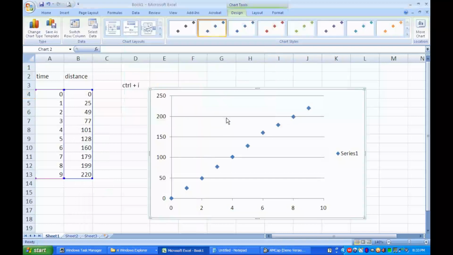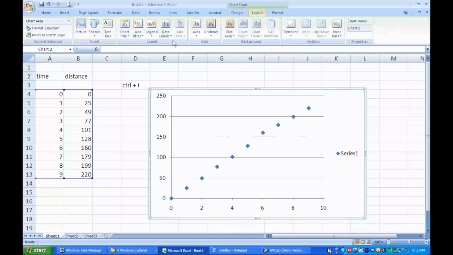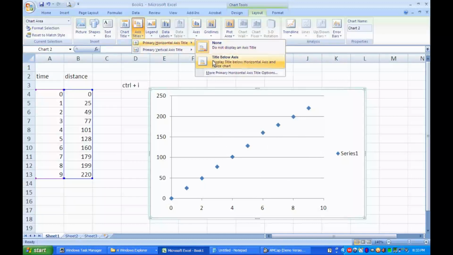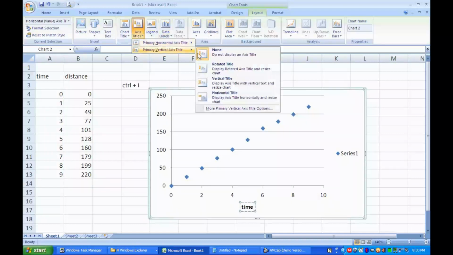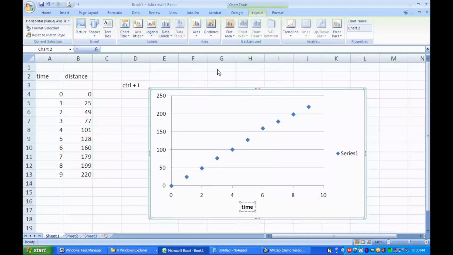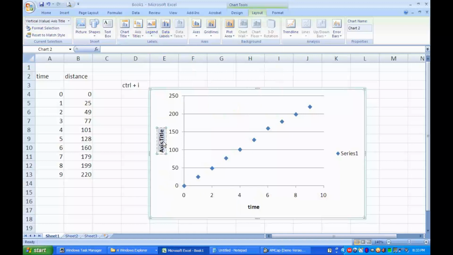Now, on your CAS, you would usually get a bunch of data points just scattered kind of randomly. Actually, to demonstrate this better, I will add some titles. So let's call this time, and let's call the vertical axis distance.